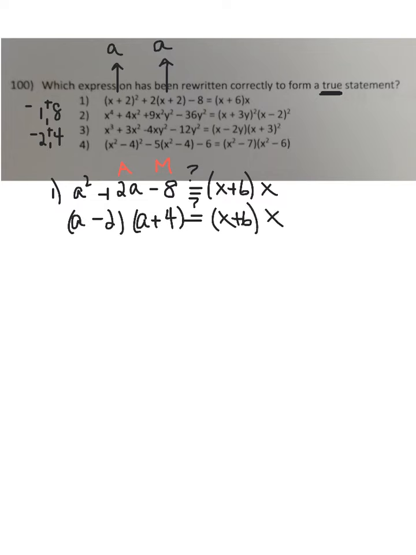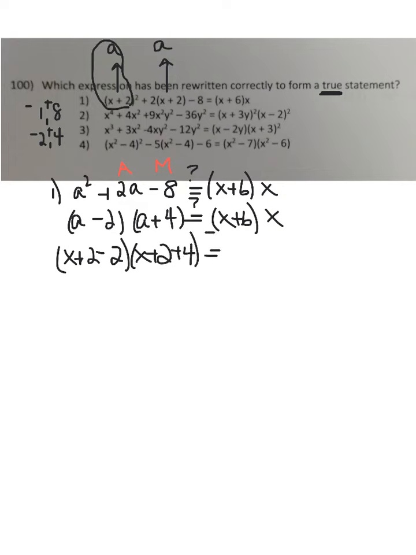Now remember, we replace the a back with what we originally designated it as, which was the x plus 2. So this is going to be x plus 2, and then we have a -2 at the end. And then this is x plus 2, and then we have a plus 4 at the end.